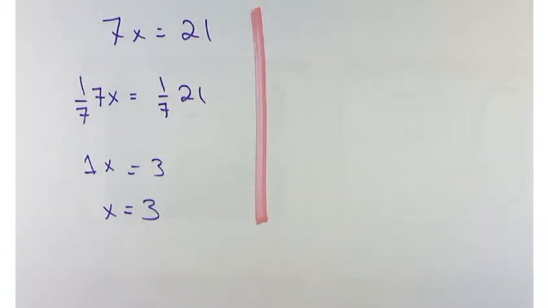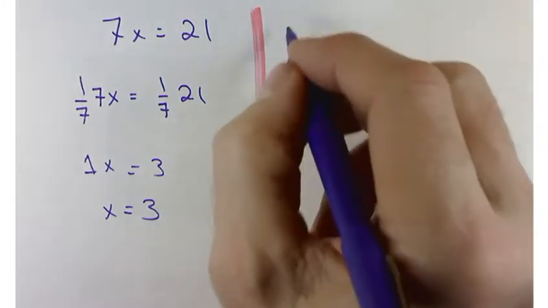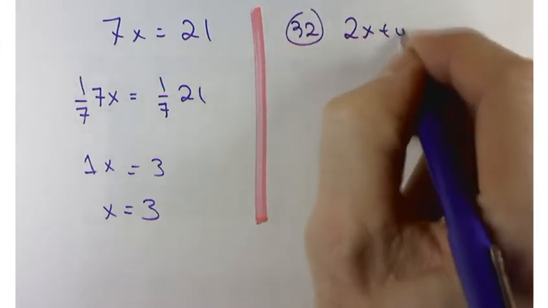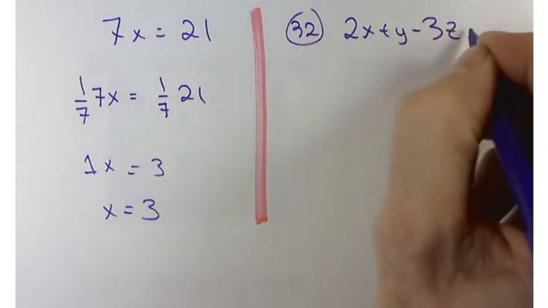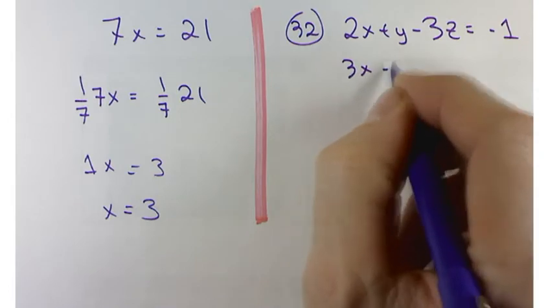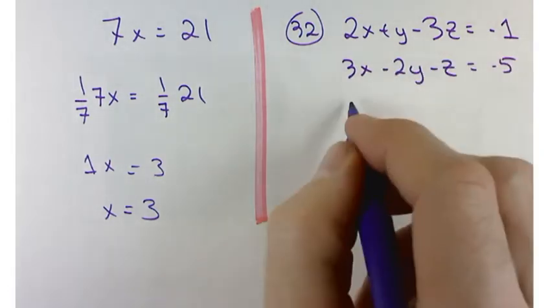Let me grab an example. Let's take a look at problem number 32 here. 2x plus y minus 3z equals negative 1. 3x minus 2y minus z equals negative 5.